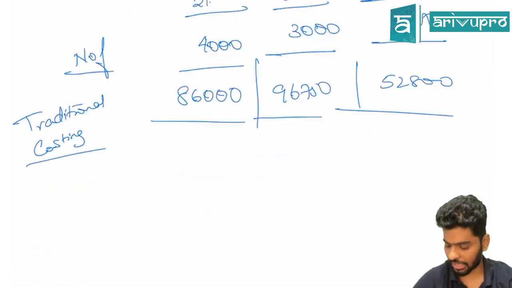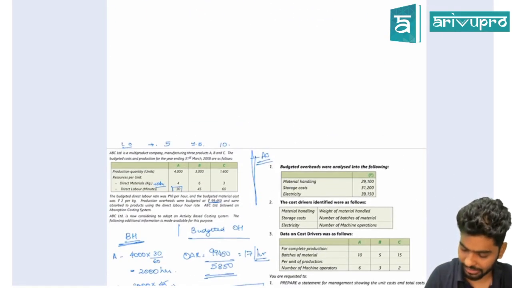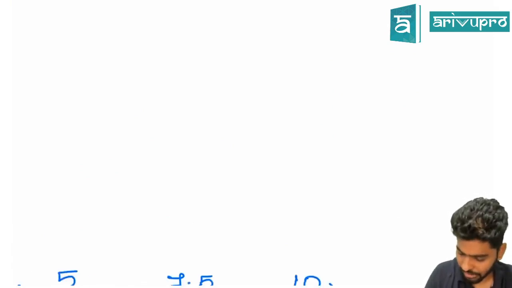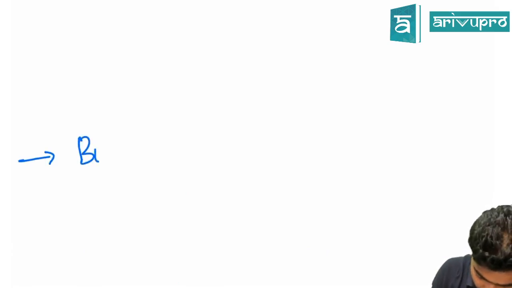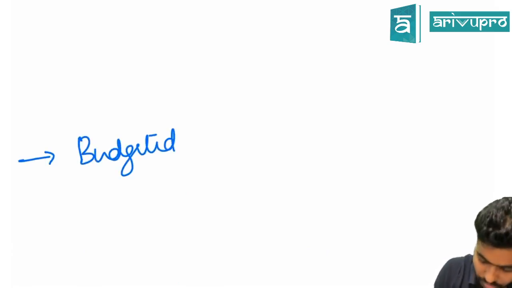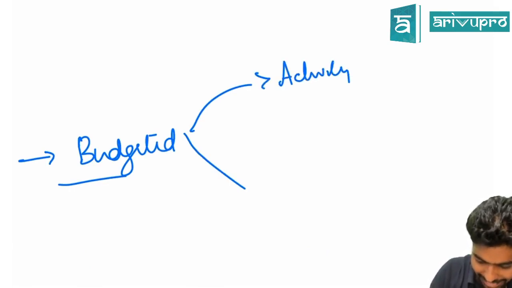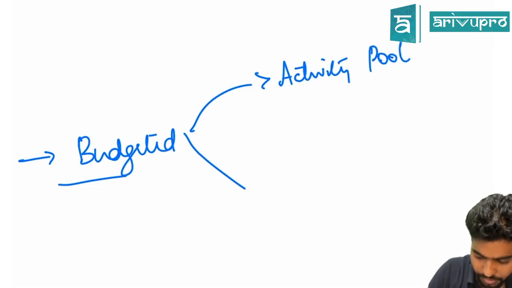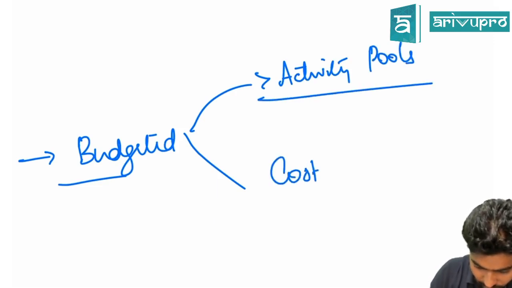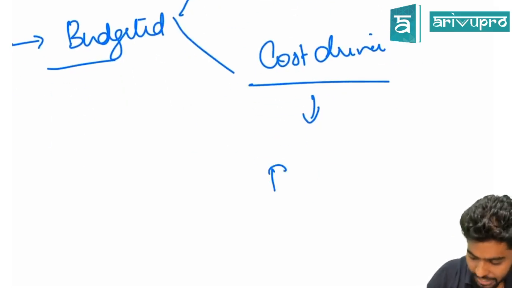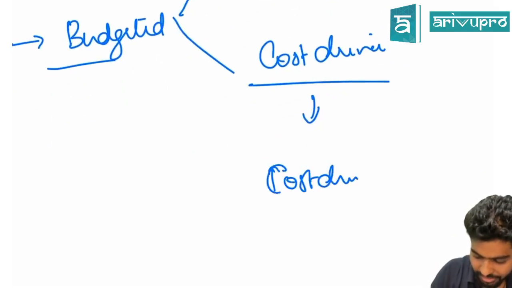Are you clear? Done? Now let me try understanding the activity based costing. Guys, I'm going very slow, just understand. Now what did I say my activity costing is? My budgeted overheads will be divided based on the activity pools. Then I have to find the cost driver and divide it to a product based on the cost drivers.